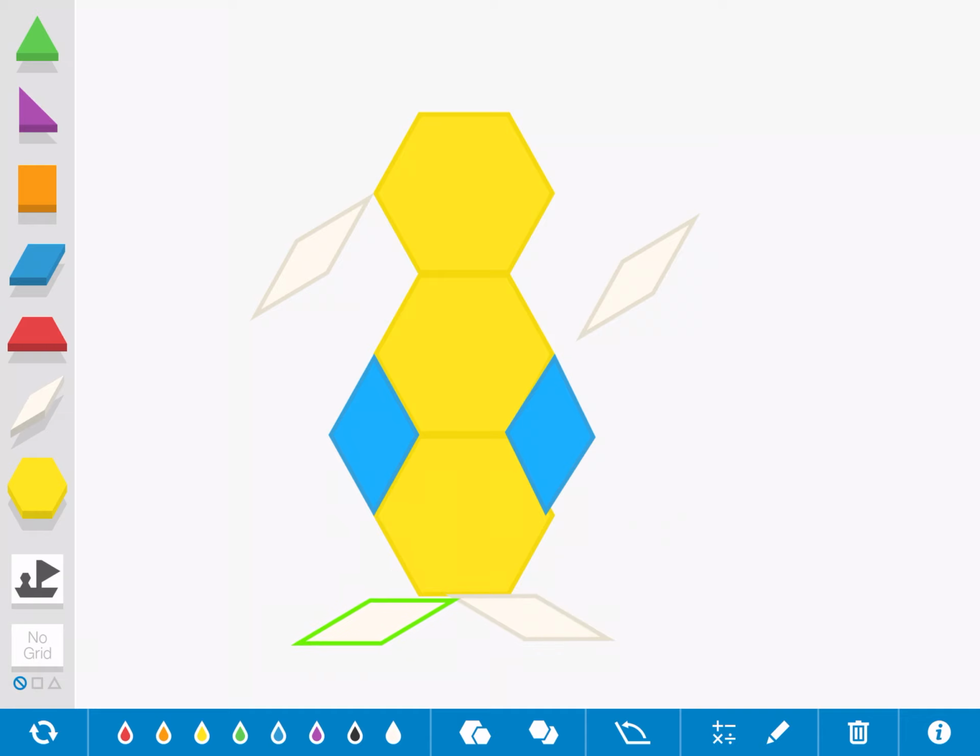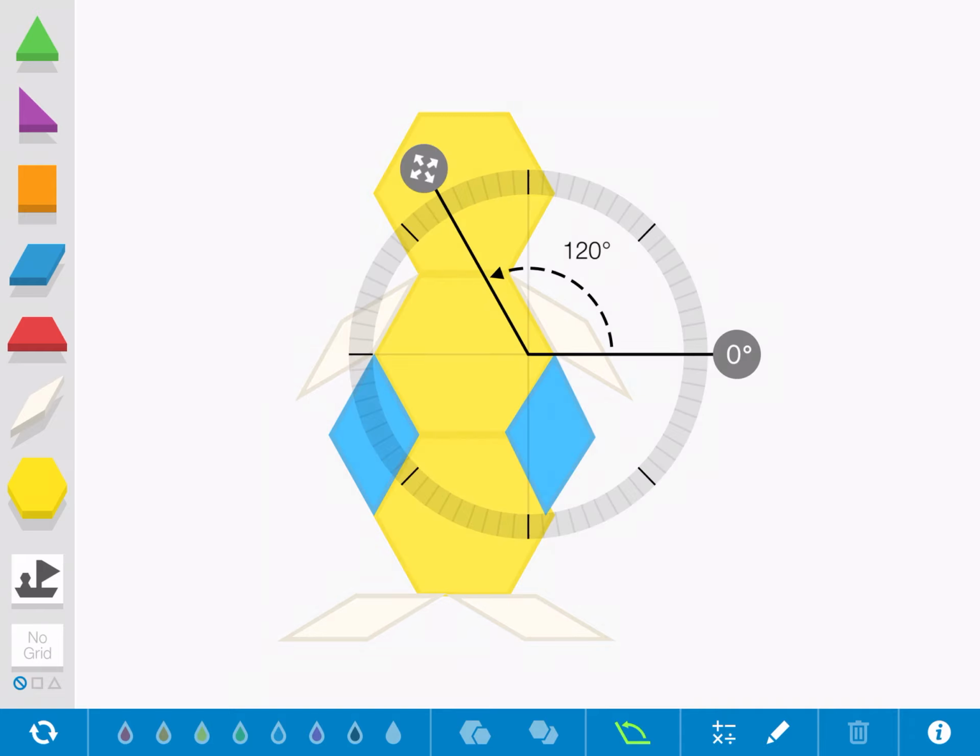And then I'm going to show you this really cool tool on pattern blocks, pattern shapes, sorry. It is a protractor. And we can measure some of the angles on my penguin here. Okay, so here's my penguin. Isn't he beautiful? And then you're going to click on this little arrow down here. You can see it's turning green when I click on it.